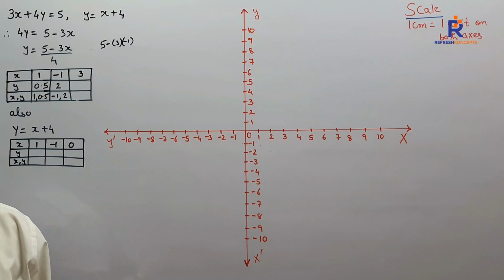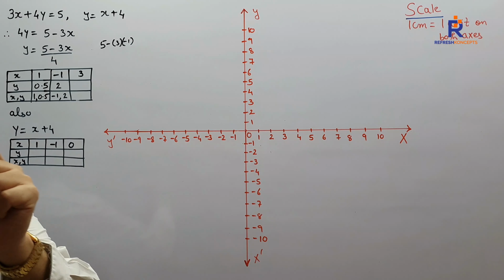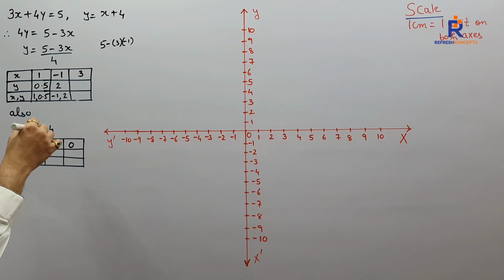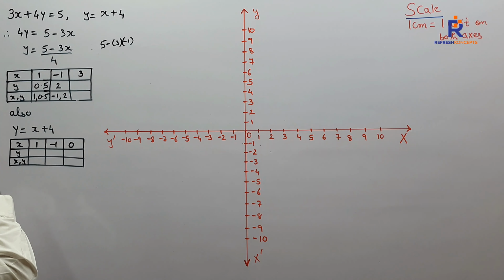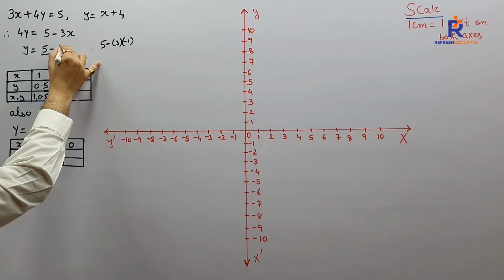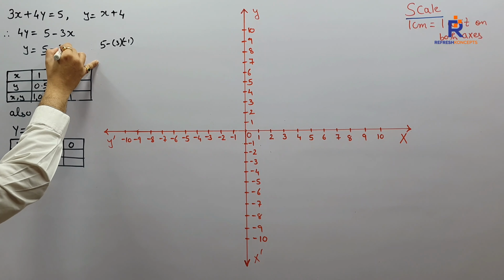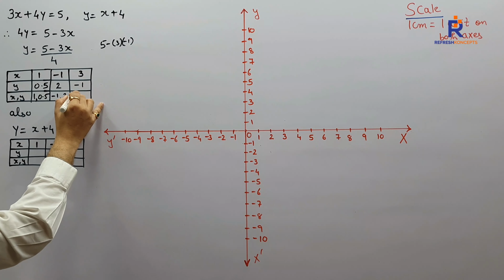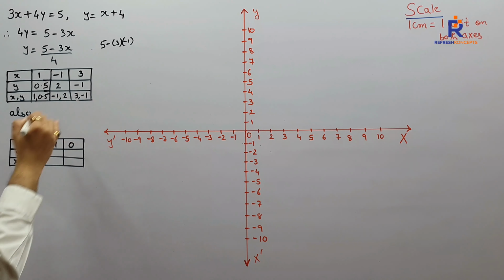Keep on trying with 1, 2, 3, 4, minus 1, minus 2, minus 3, minus 4, so that you have an integral value or a value in terms of 0.5. So by trial and error, say 3. If I substitute 3 here as x, 3 into 3, 9, 5 minus 9, minus 4 by 4, minus 1. 3 comma minus 1.